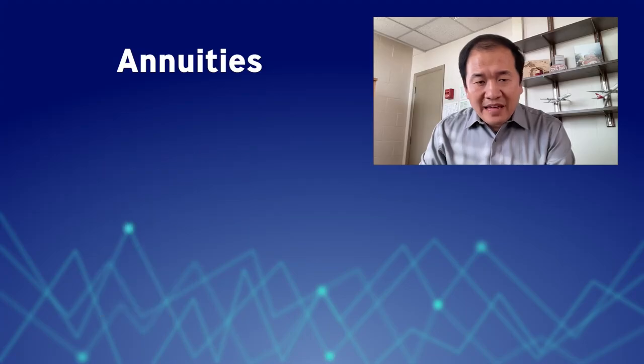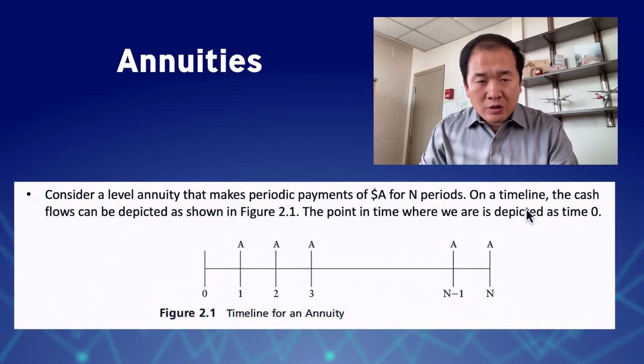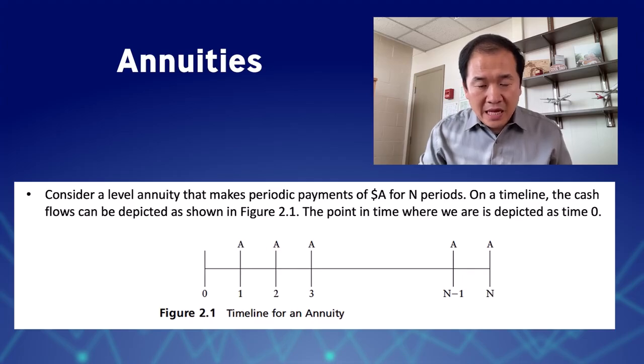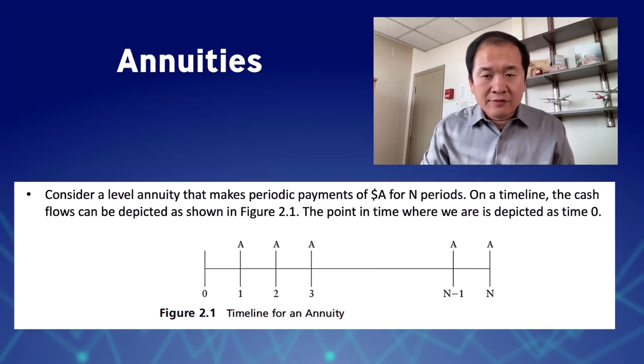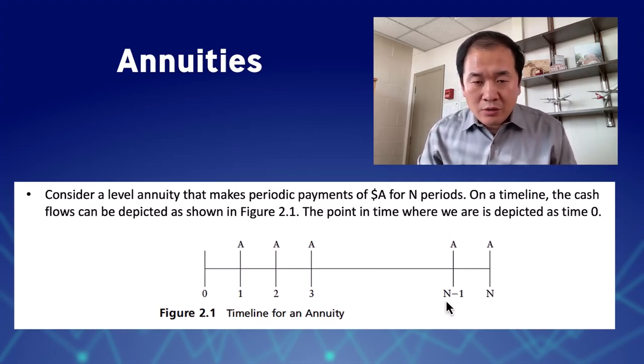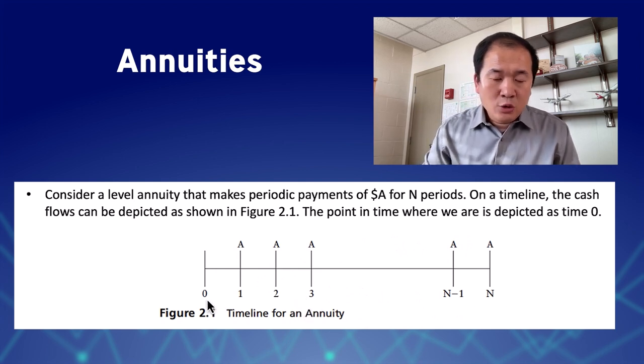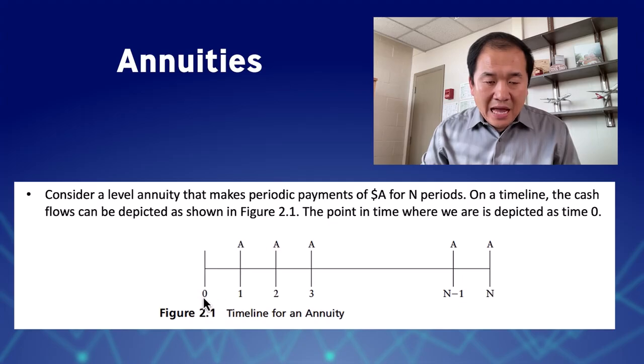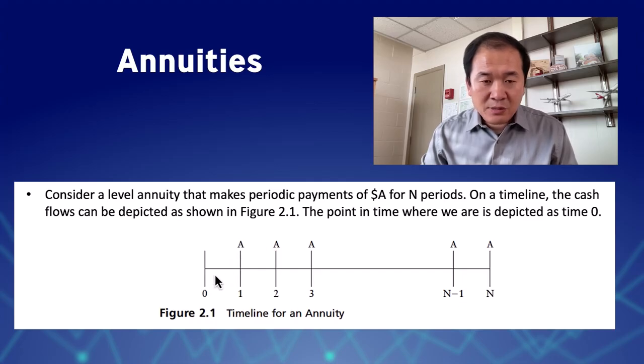If we have a level annuity, you are expected to make identical payments for every period, over several periods, to pay off your debt. If we illustrate this process on a timeline, assuming we are now standing at time 0, we are expected to make a payment at the end of each period.